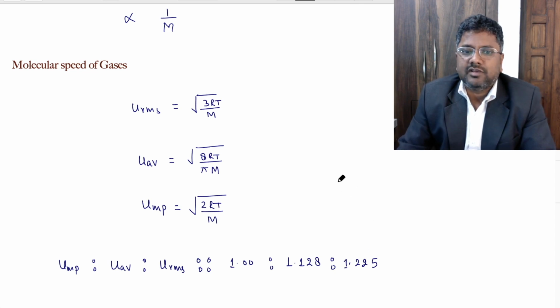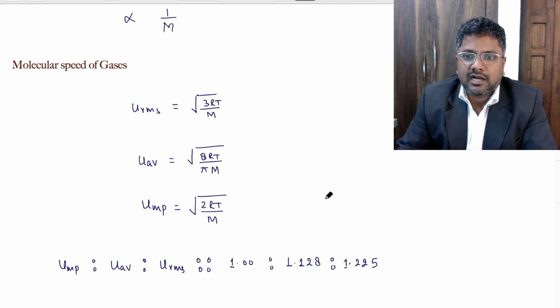Means RMS is maximum, then average, and then most probable.